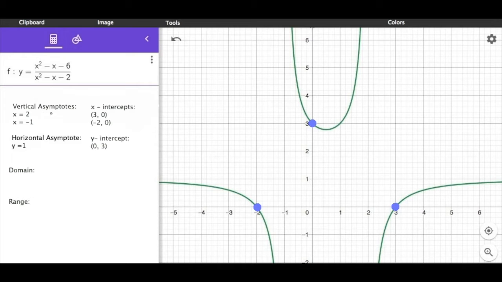And for the vertical asymptotes, we have two, one at x equals 2. So we use lines to corroborate. Another one at minus 1. We also have a horizontal asymptote at y equals 1.